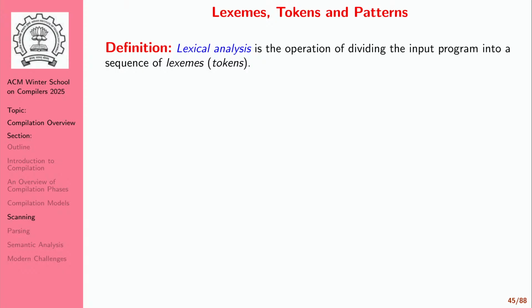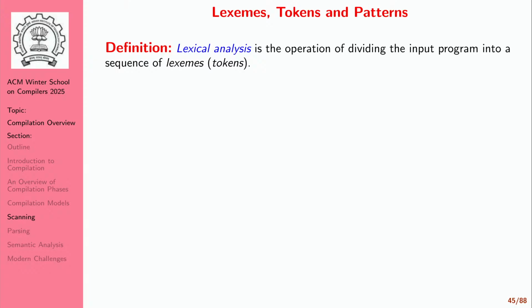Lexical analysis is the operation of dividing the input program into a sequence of lexemes. Lexemes are the words, which are strings representing a token. A token is a category, a name given to a similar set of lexemes. For example, one of the tokens is an identifier, or variable.